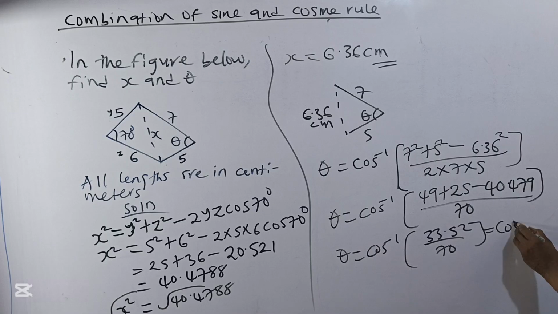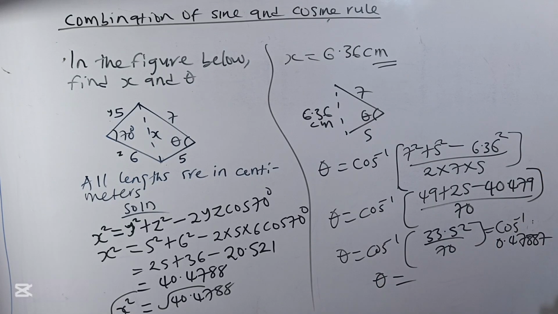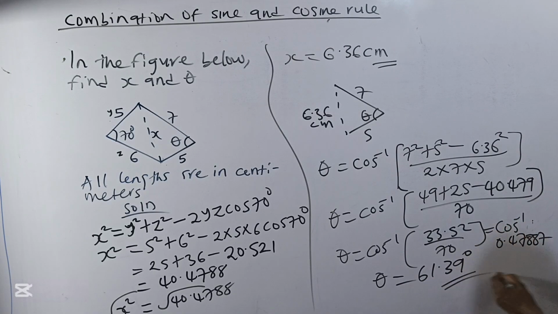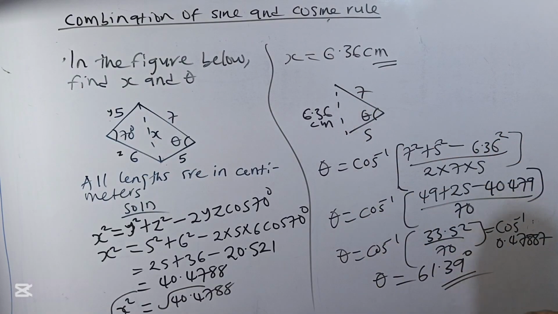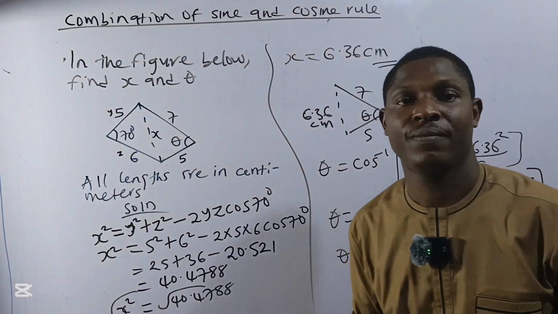If I divide this by 70, I'll have cos of 0.47887, and my angle theta will be equal to shift cos, answer, and I'll have 61.39 degree as my final answer. So in this question, s is equal to 6.36 centimeter and the angle theta is 61.39 degree.